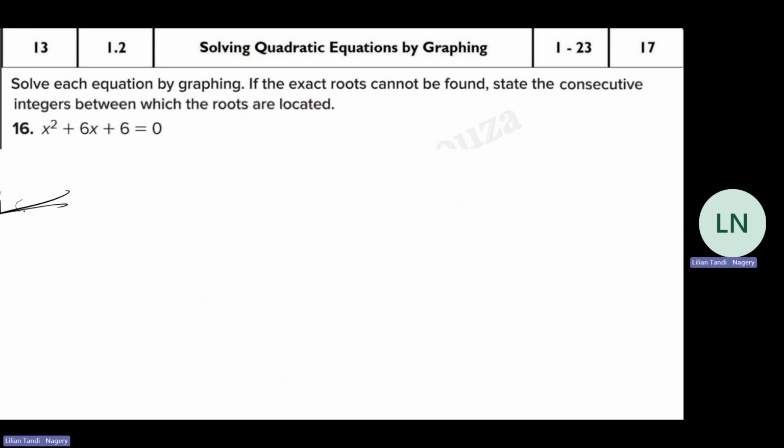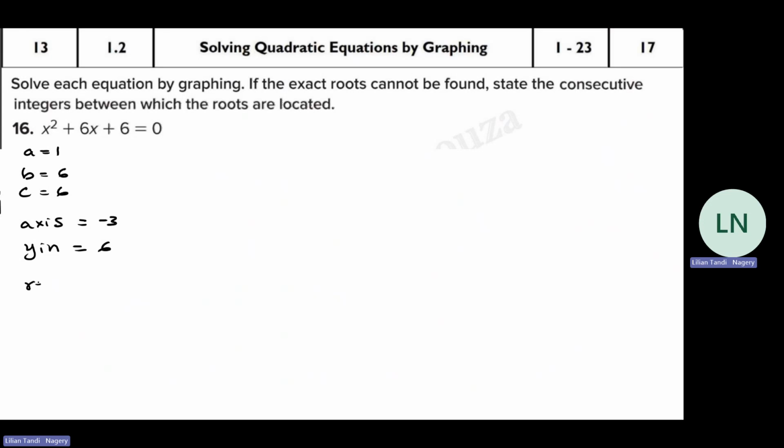Let's do this one. So my A is 1, my B is 6, my C is 6. My axis, -3. My y-intercept, 6.